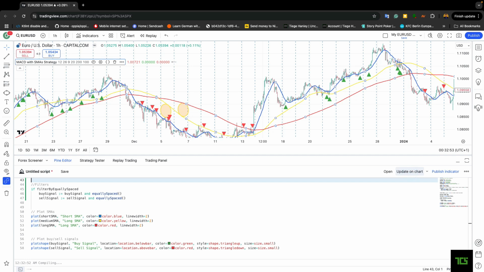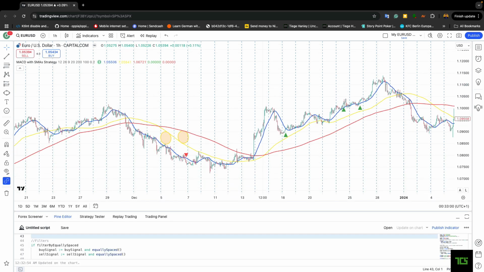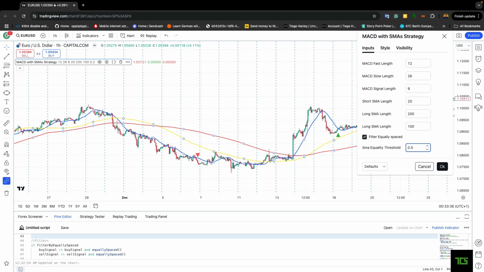Update the chart, and you can see all those signals are gone, and we are only getting them when it is almost equal. But you can give it some breathing space, all right? 0.5, then you see more signals, maybe 0.3, maybe 0.7, you'll see more signals.